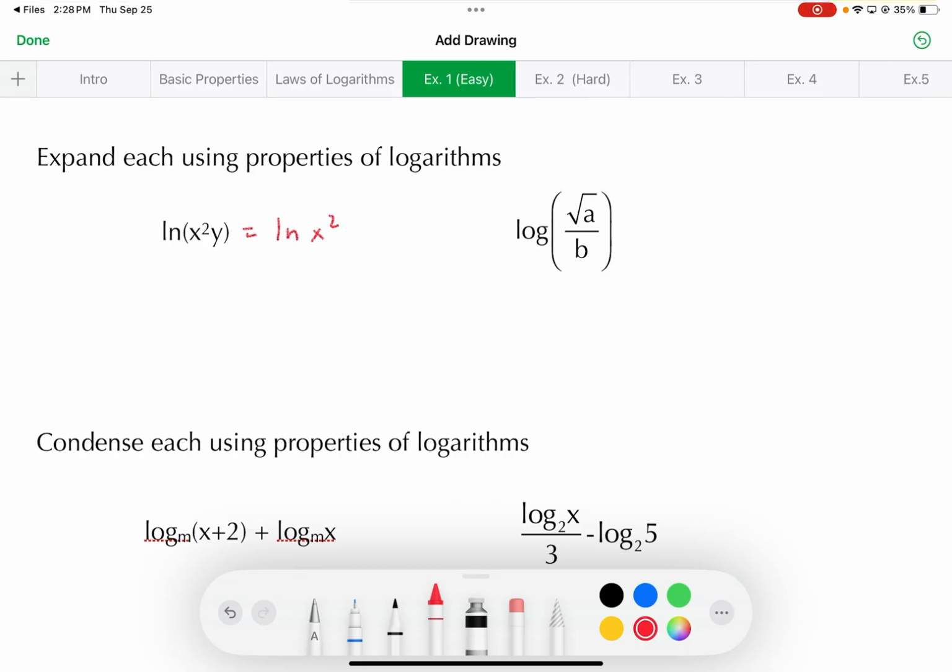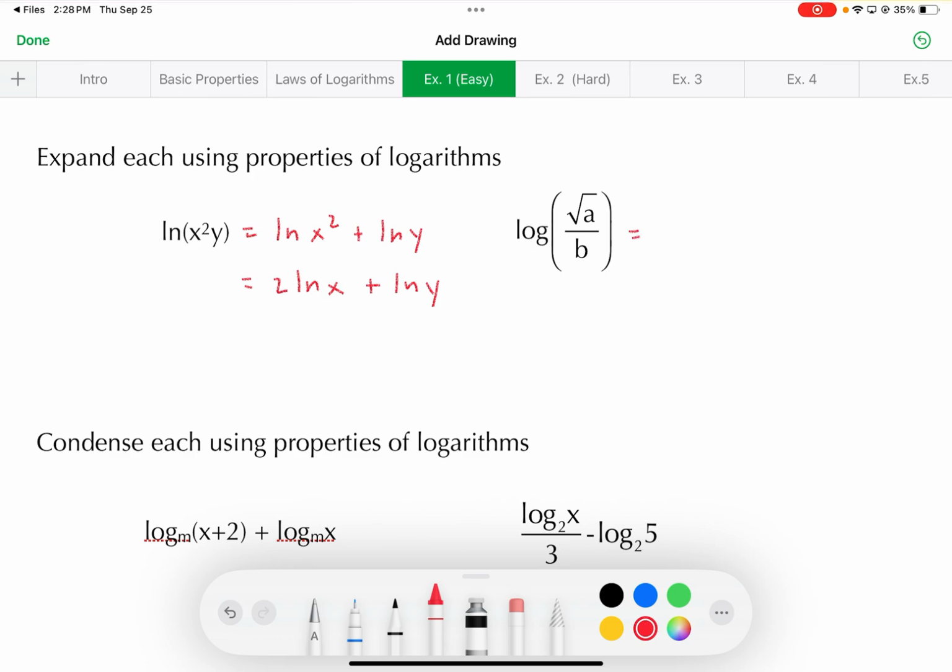So I can use the product property and make this into natural log of x squared plus the natural log of y. Then I can use the power property to bring the 2 down to multiply the natural log of x. And that's as expanded as that one can get.